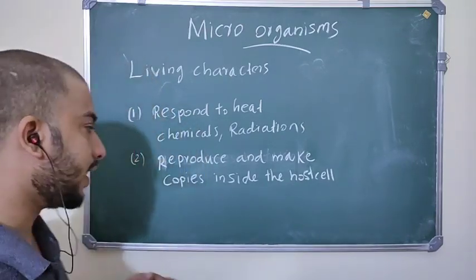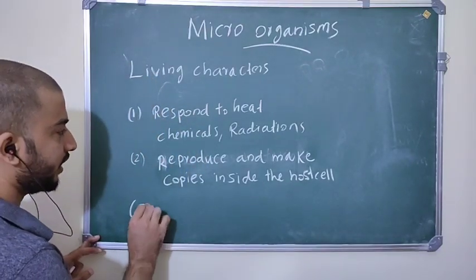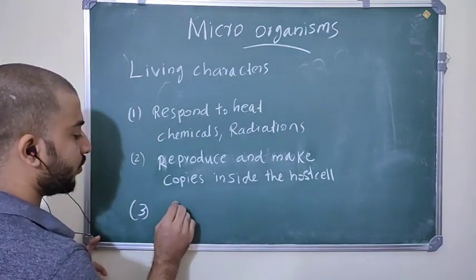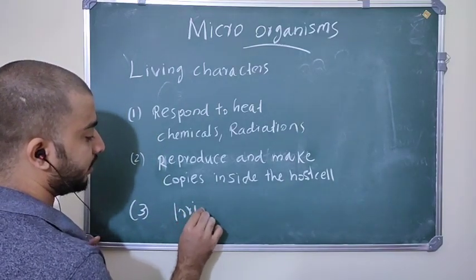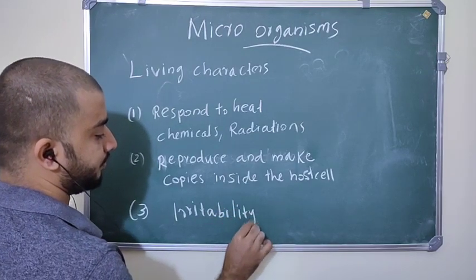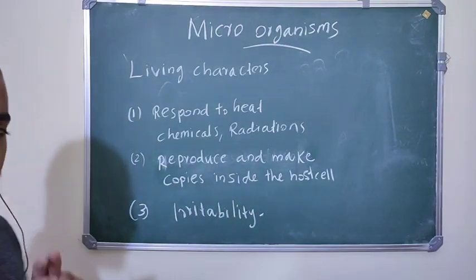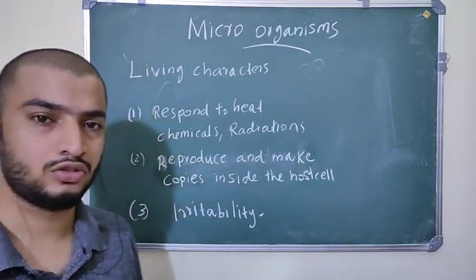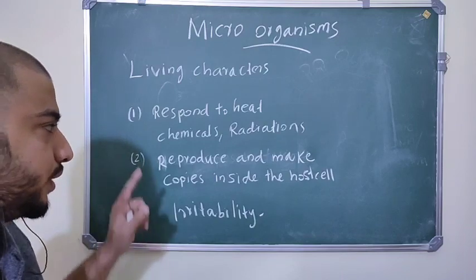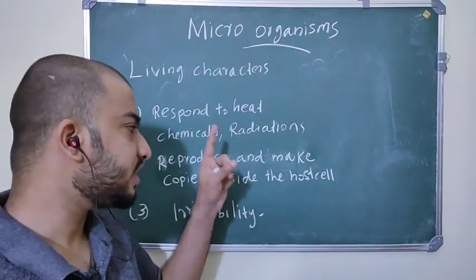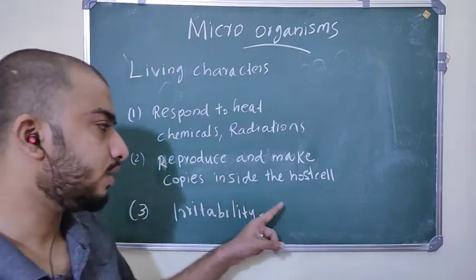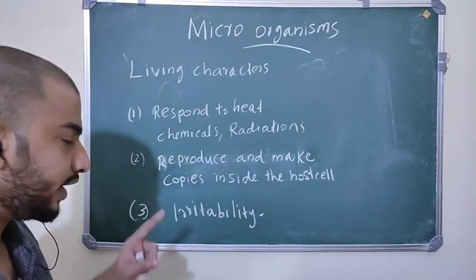And the third living character of virus is that they show irritability. So these are the living characters shown by virus: they respond to heat, chemicals and radiations; they reproduce and make copies inside the host cell; and they show irritability.